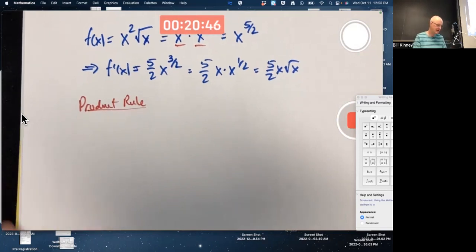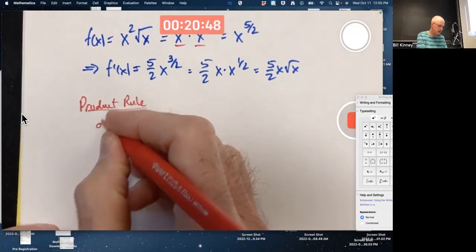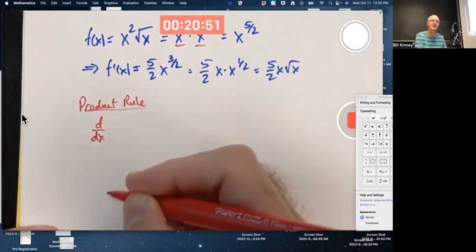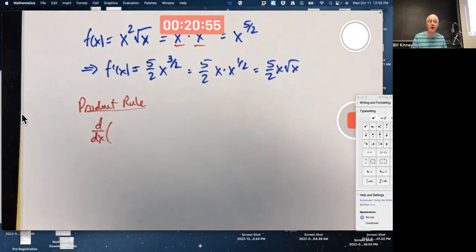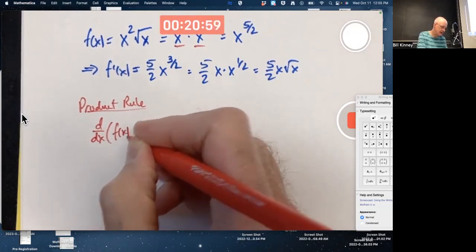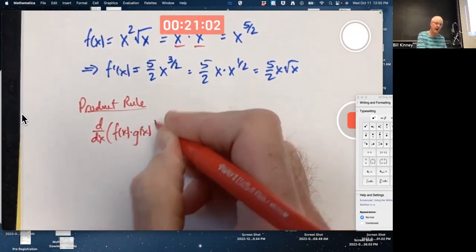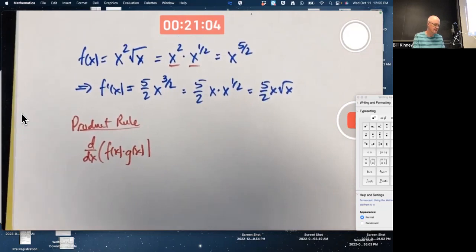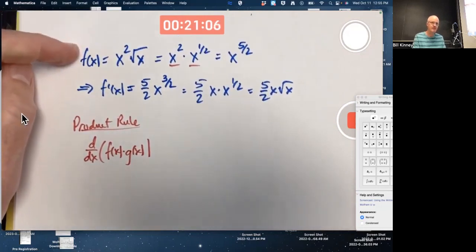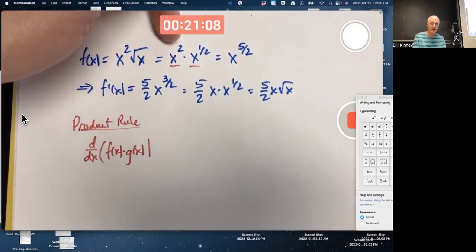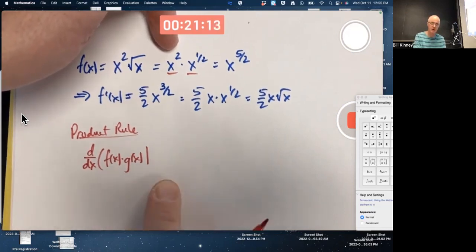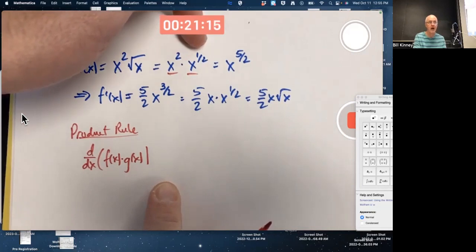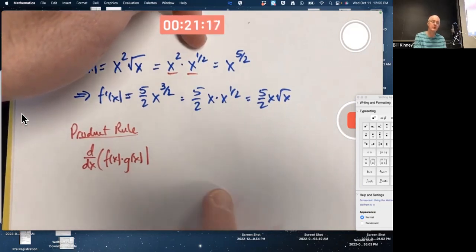What does the product rule say? It says if you want to take the derivative with respect to x of the product of two functions of x, I'm going to use an f of x times g of x, but realize if I apply this rule to this function, then I want to think of x squared as my f of x in the product rule I'm writing down, and x to the 1/2 as my g of x.